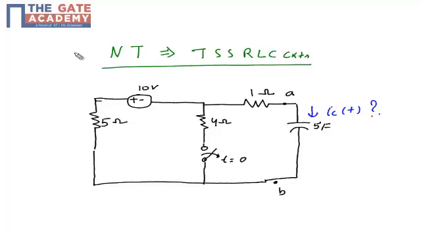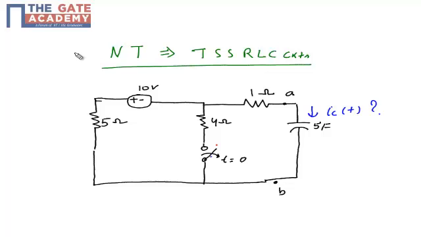so this is the typical problem of transient analysis. In this type of problem we need to observe the circuit before t is equal to 0, because at t is equal to 0 the switch will be open, which will make a sudden change in the circuit.